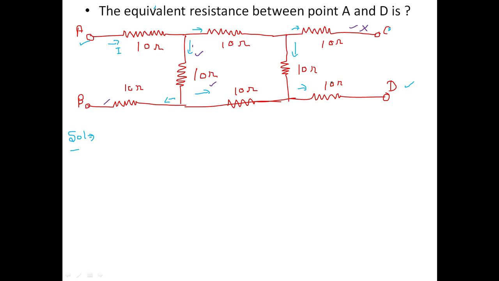So here and at last here. So these terminals we do not have to consider because they are not beneficial, and this one is also not beneficial. So the equivalent resistance while neglecting these two terminals would be like this.